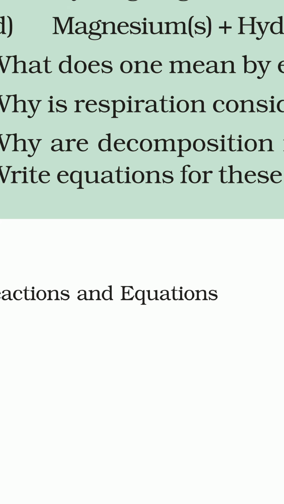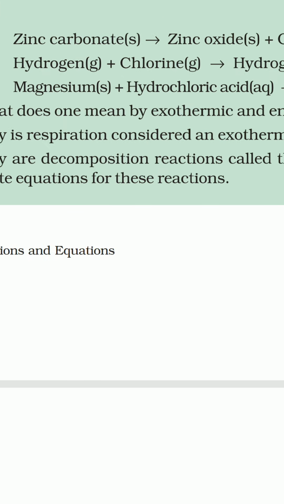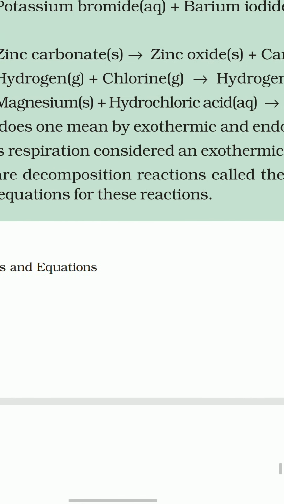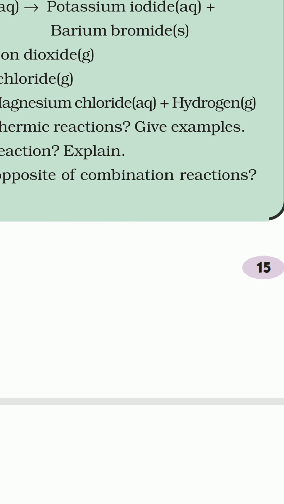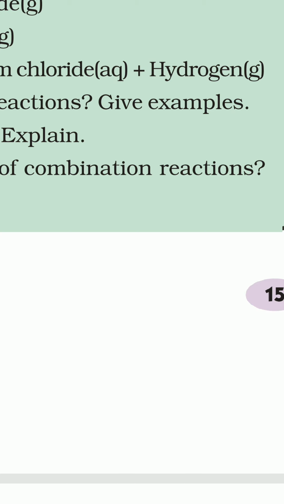In decomposition reactions, larger molecules break to give simple molecules, while in combination reactions, two or more smaller elements or compounds combine to form new compounds. This is the answer, that's why they are opposite to each other.